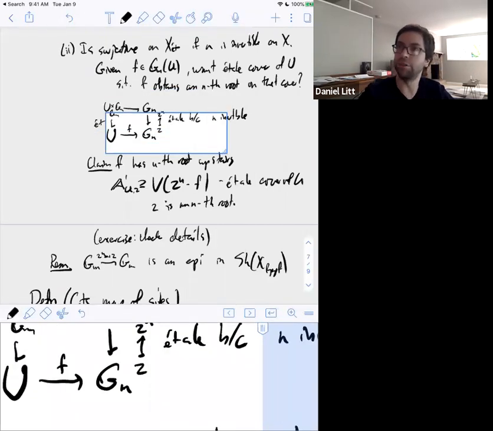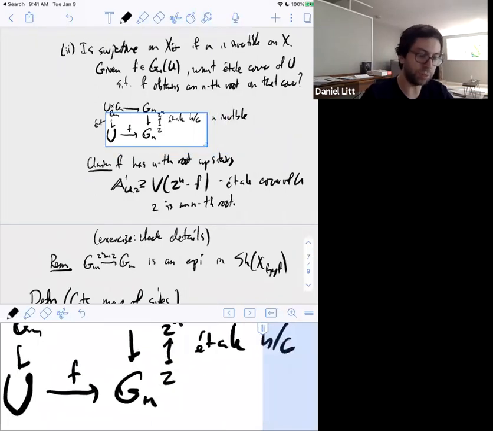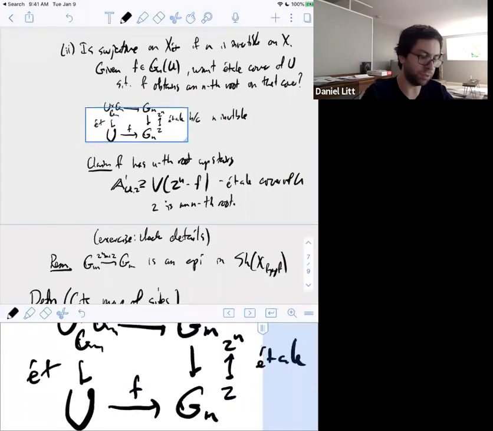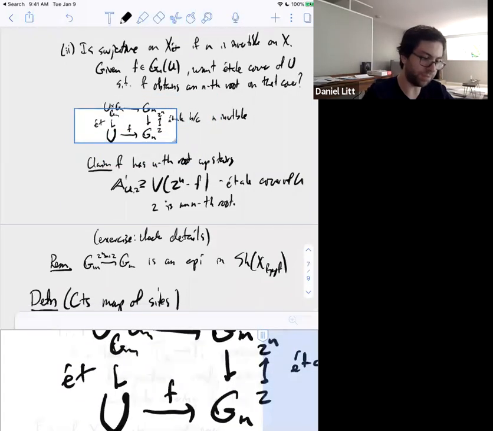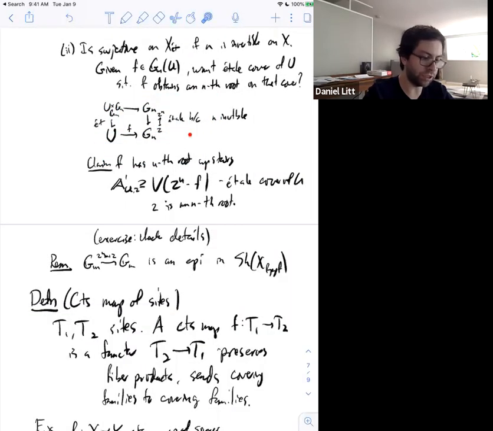That's not totally obvious; that's something you should try to prove. In the Étale topology it won't be an epimorphism, but in the fppf topology it will be. And the proof I gave works verbatim in the flat topology if you just replace Étale with faithfully flat of finite presentation, which is also preserved by base change. So we get some fppf cover of U where your function f obtains an nth root. Does that answer your question, Benjamin?